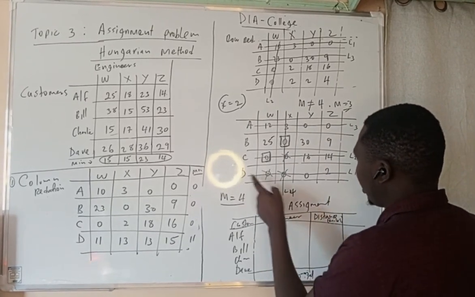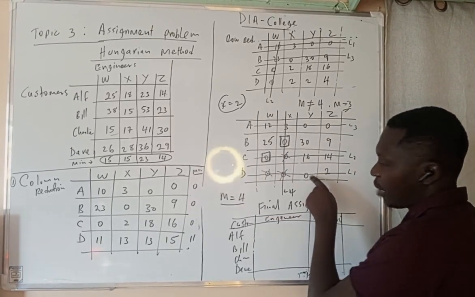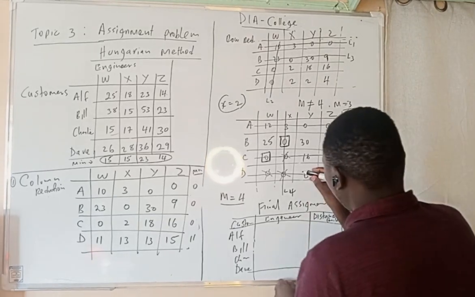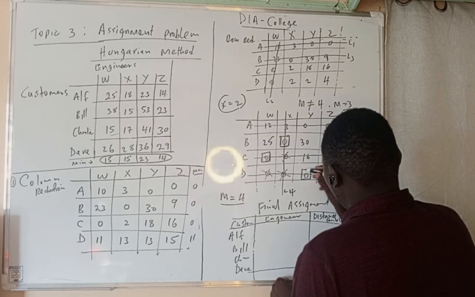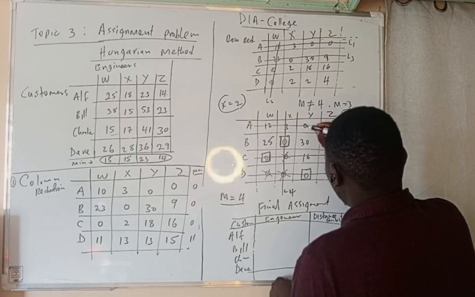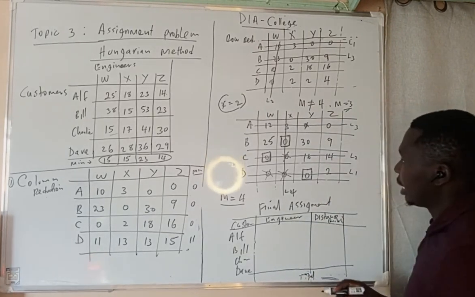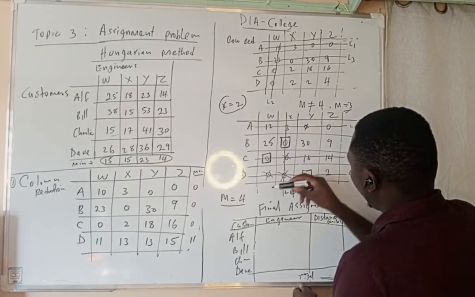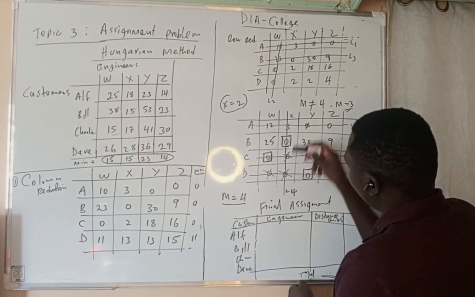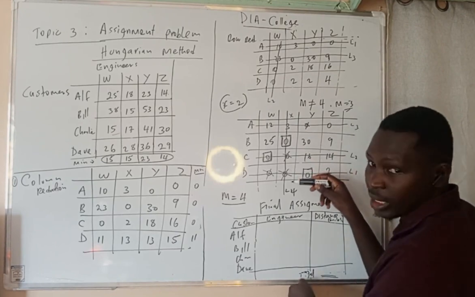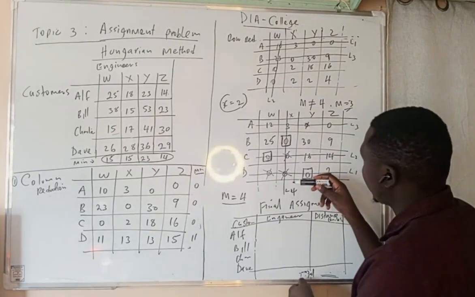I go to the last one. You can see also here I'm finding my unique 0, so I have allocated this. Then the 0 here is also cancelled. Now I'm done with row scanning, so I do column scanning. Column number 1, there is no 0. Column number 2, all zeros have been taken over.